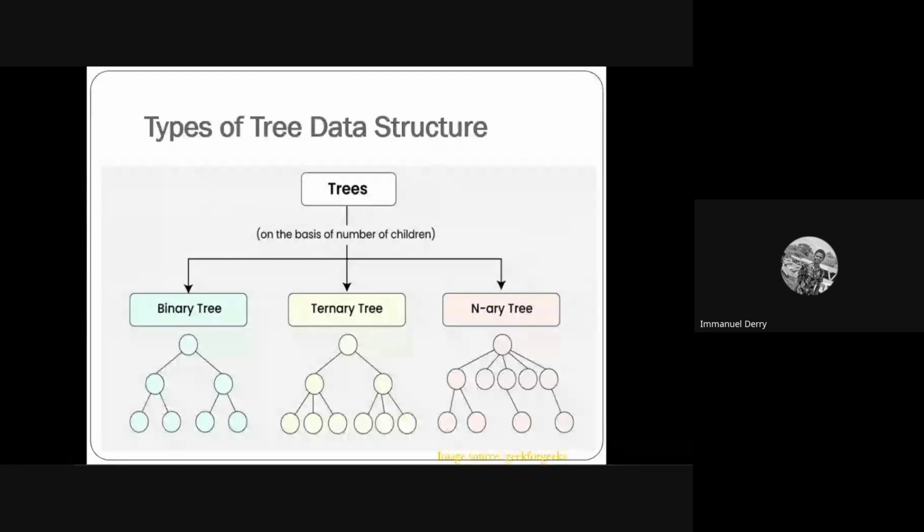So it has at most two subtrees, not exactly 2, but at most. That is a binary tree, at most.